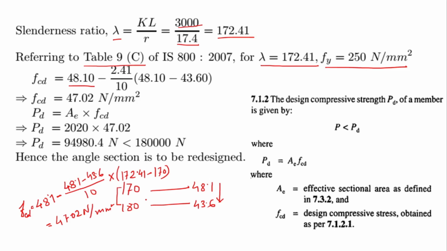Then we have to calculate the design compressive strength, which is PD. If you see the clause number 7.1.2, PD is equal to AE into FCD. What is AE? It is the effective sectional area.